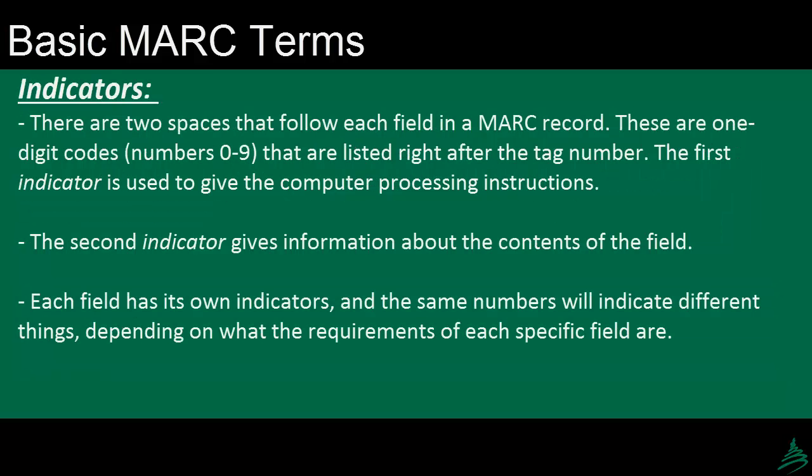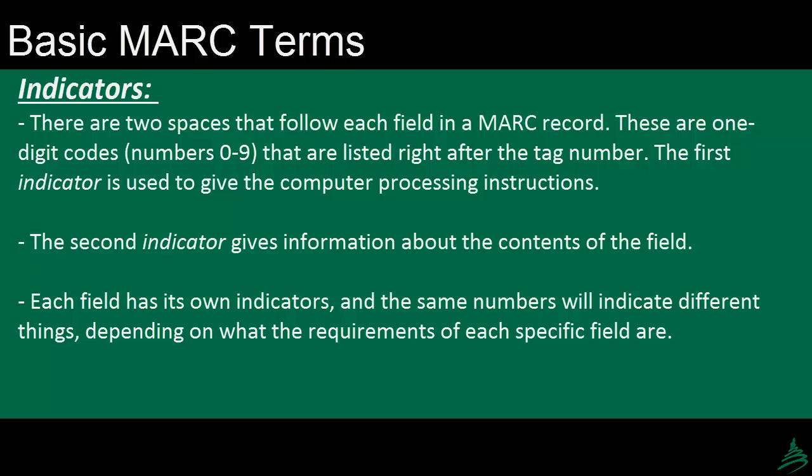In addition to your tags, you have the indicators. And those are the 2 spaces that follow each field in a MARC record. Those are the 1-digit codes that are listed right after the tag number. The first indicator is used to give the computer processing instructions. So in a 245, if there was a 0 in the first indicator, that would tell you that there is no title added entry.